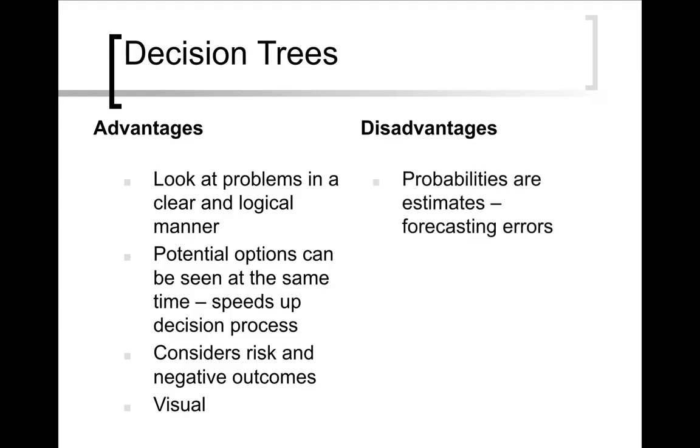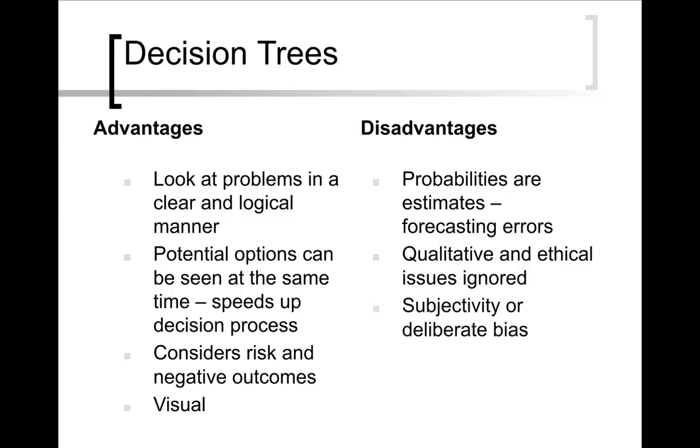These probabilities, however, are estimates, so there could be really big forecasting errors. We definitely can't be positive that a high return, low return in this scenario is best, 60-40, or whatever it is. So that can have some problems. We typically just look at quantitative issues here. So when we're looking at quantitative issues, we're ignoring that qualitative ethical side. There could be subjectivity or deliberate bias.